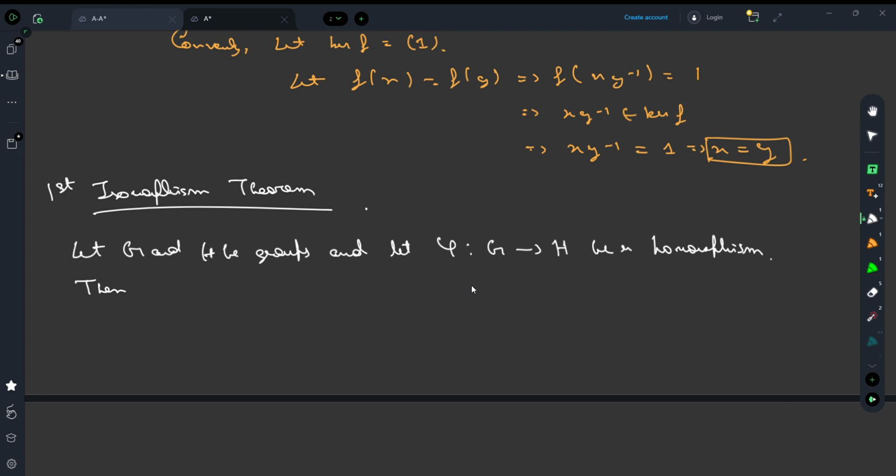Then G mod kernel of phi is isomorphic to the image of G under phi. Okay. So this is the first isomorphism theorem.